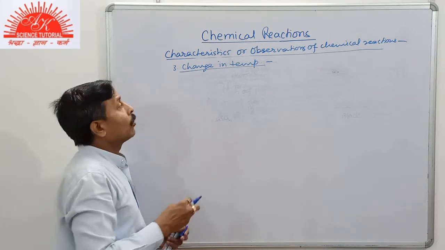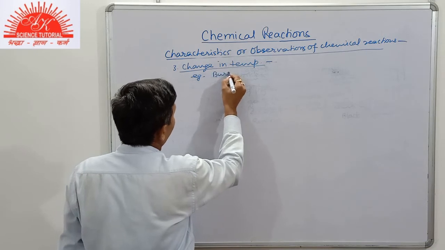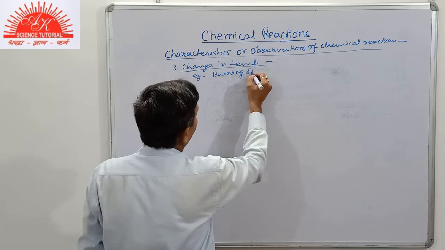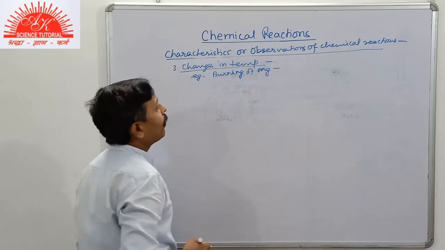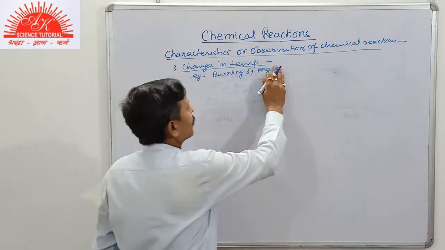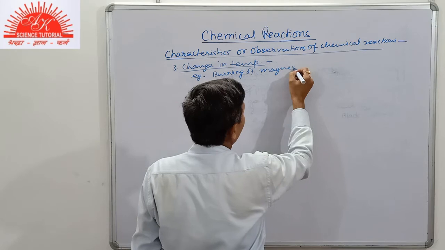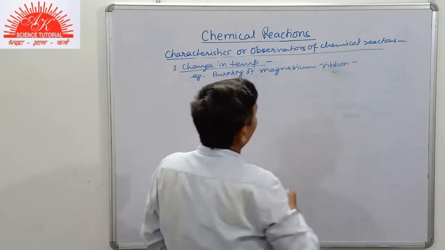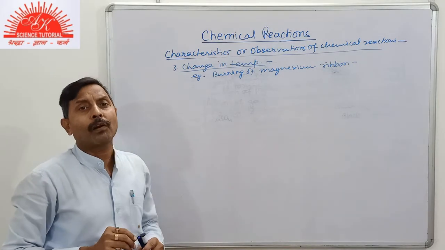Now suppose we take the example of burning of magnesium. Now in this case, student, we can write in words magnesium burns. Actually it is the fine scraps of magnesium in the form of ribbon.